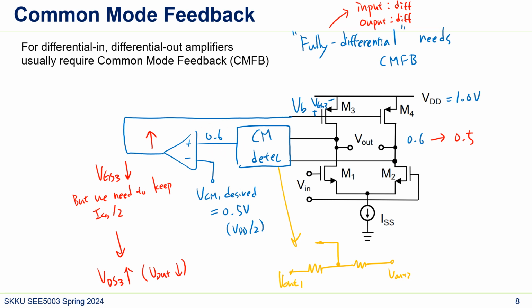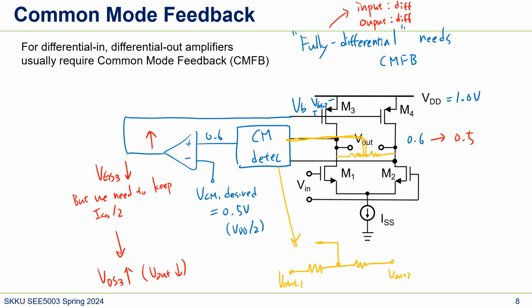The resistance can be really large because it shouldn't impact the operation of this amplifier. So this can go here. That's one way to implement it.